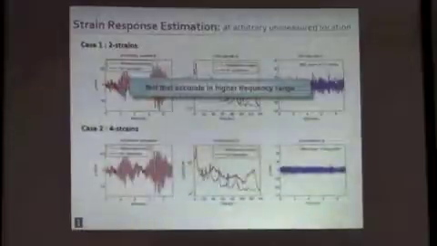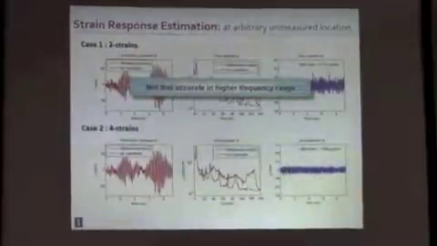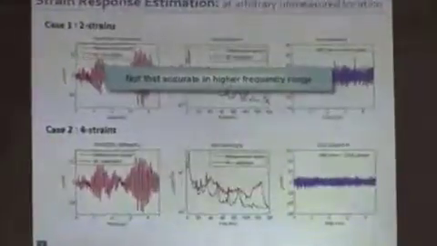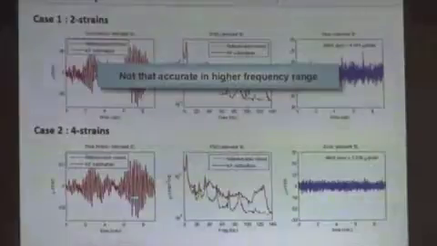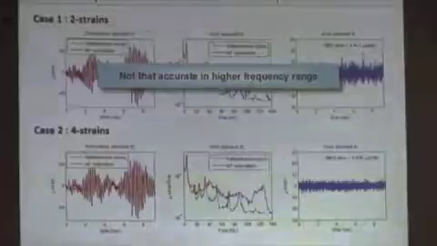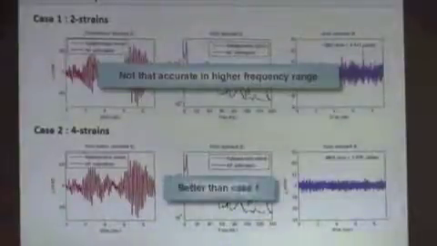If we add 2 more strains, we reduce the error. It gets down to about half, but we still don't have very good characterization at the high frequencies. You can see just in the time domain it looks really good, but at the high frequencies we still have substantial errors. Better than case 1, but let's look if we add 4 accelerations.